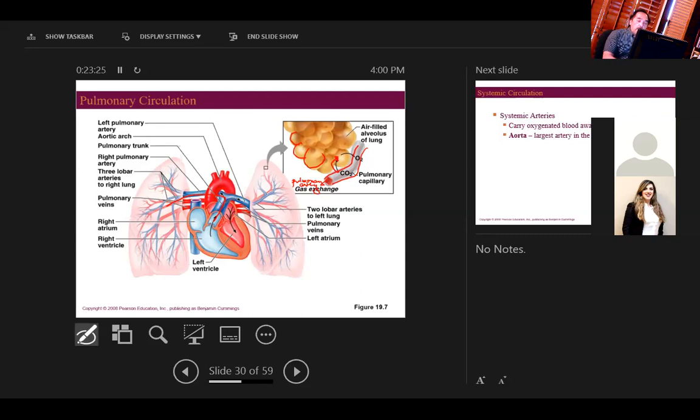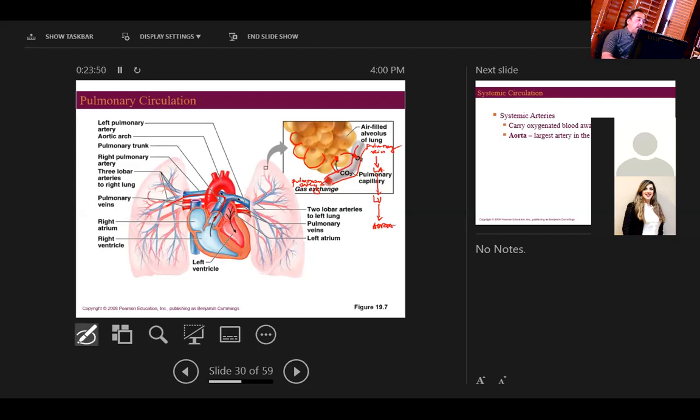So the same red blood cell that just disposed of the carbon dioxide now carries the oxygen with it into the pulmonary vein. Then from the pulmonary vein, it goes into your left atrium, left ventricle, and to the aorta. So that's the flow of what we call the pulmonary circulation.